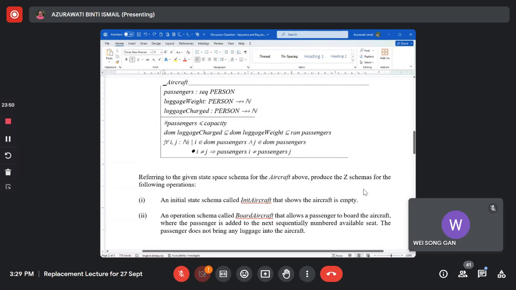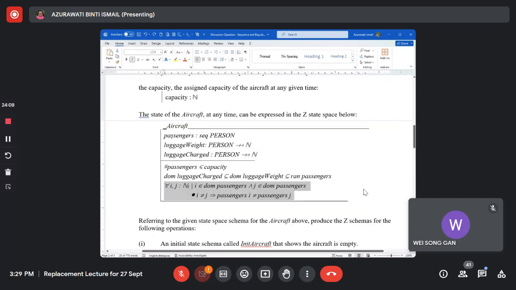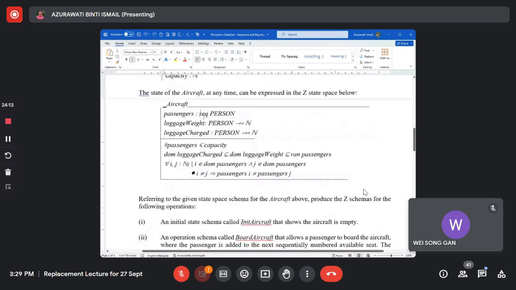Because we are using a sequence of person, this statement shows that a passenger cannot be duplicated. It is similar to an I sequence; if you have an I sequence here, you don't need this one.